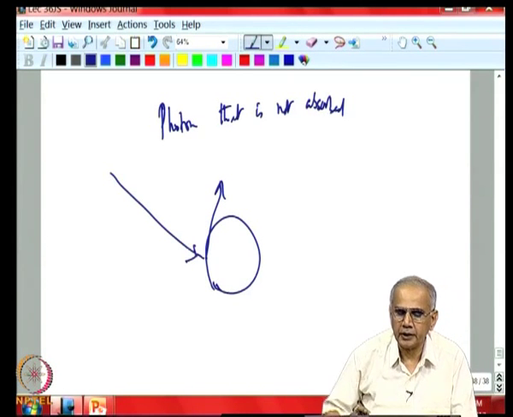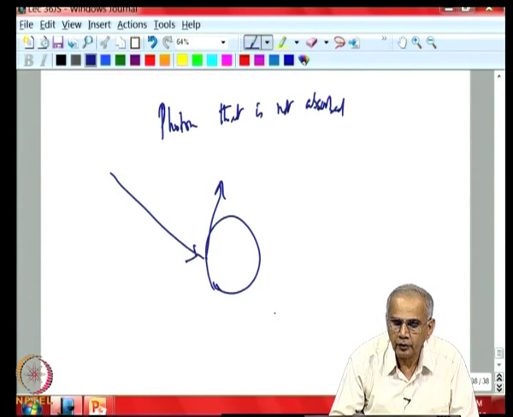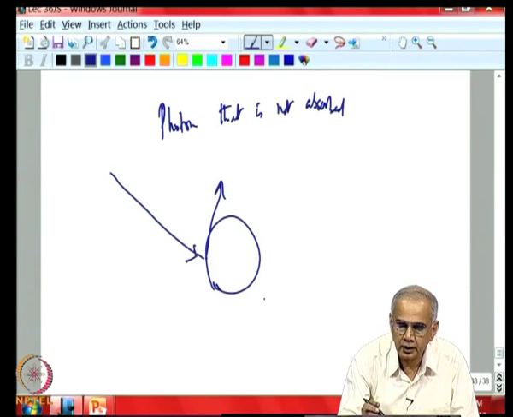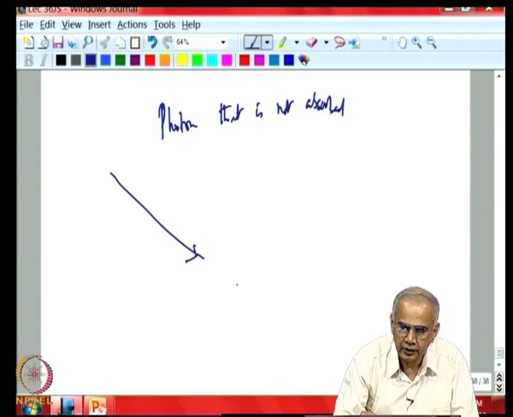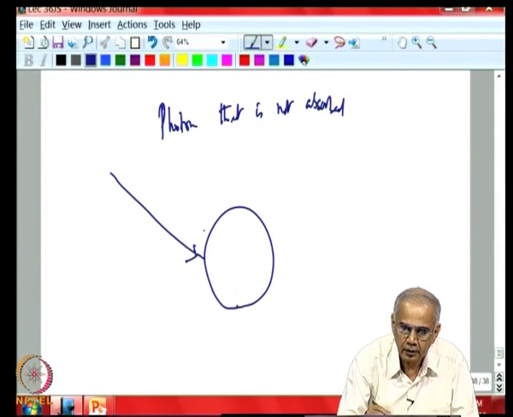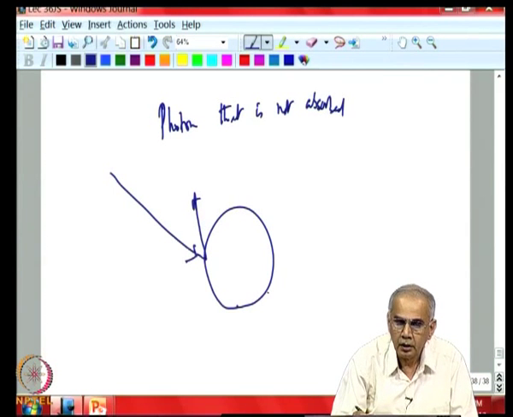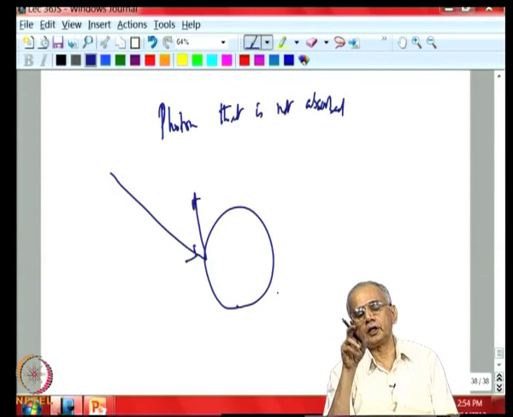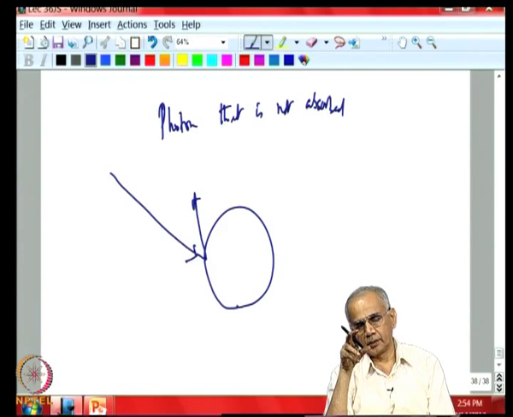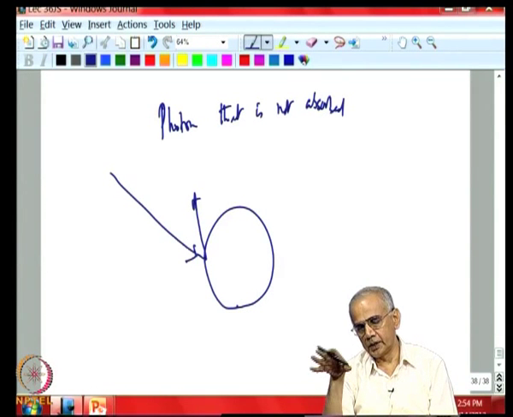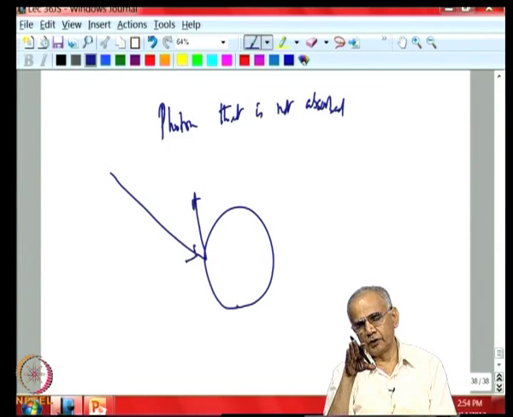It reflects in some other direction, and you have to know what direction it has reflected. So, that also has to be determined by a random number generator. You generate another random number.